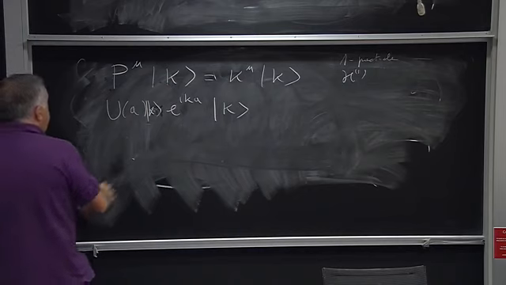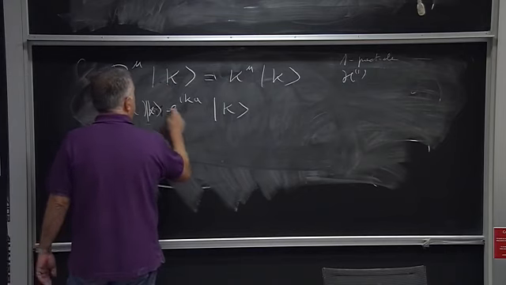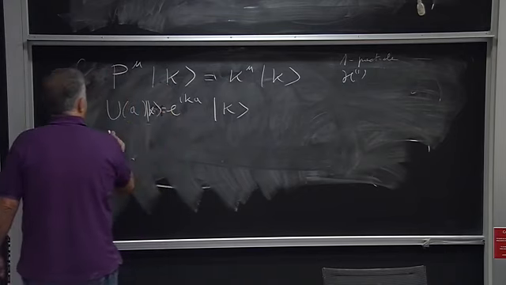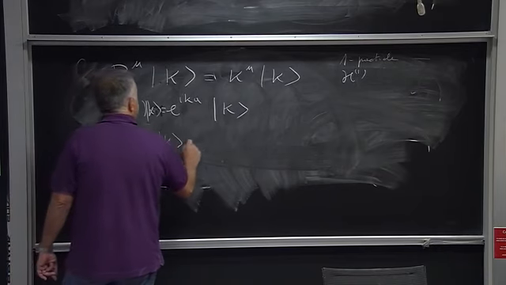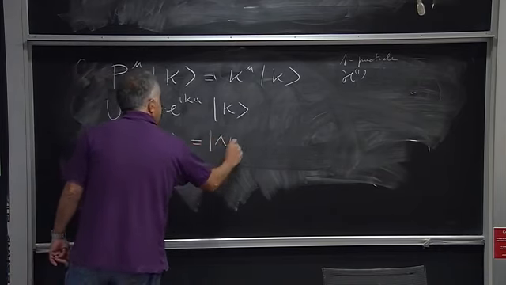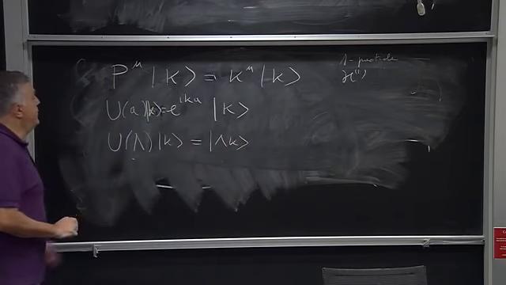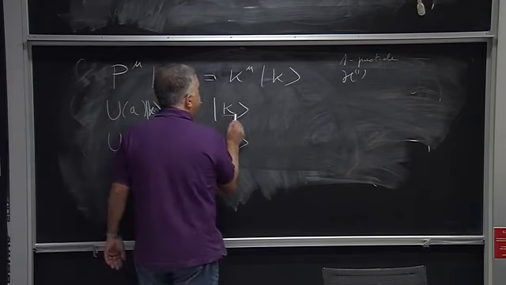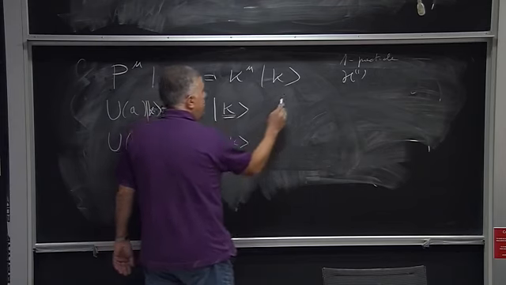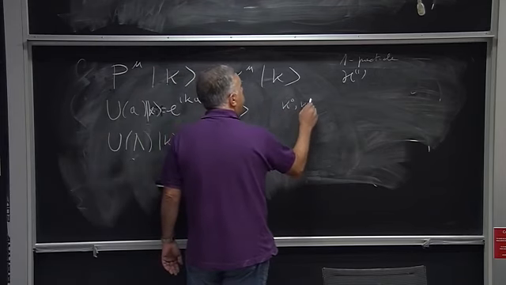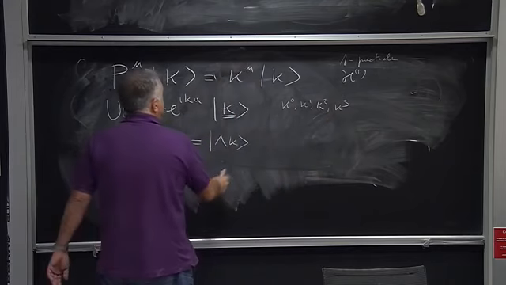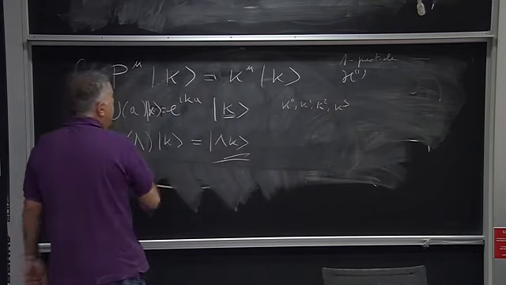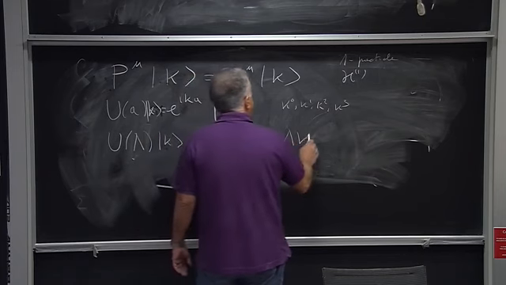From here, you also understand that U of lambda k is lambda k. So this is the vector parameterized by the four momentum k: k0, k1, k2, k3. And this is the vector parameterized by the four momentum lambda k.